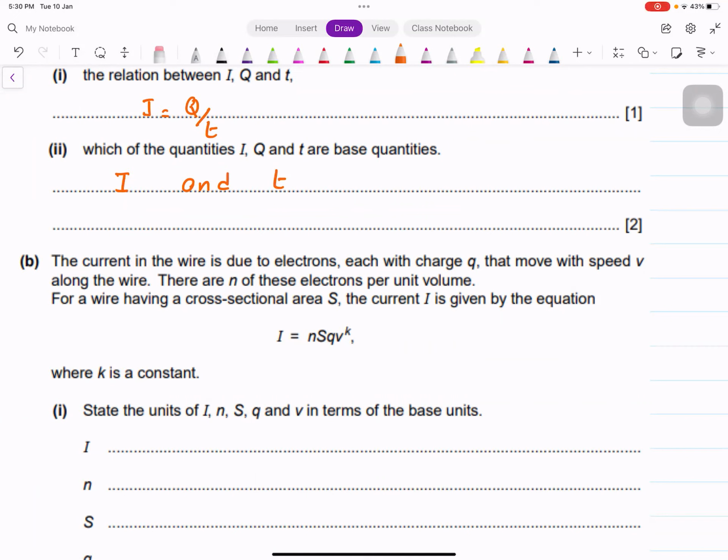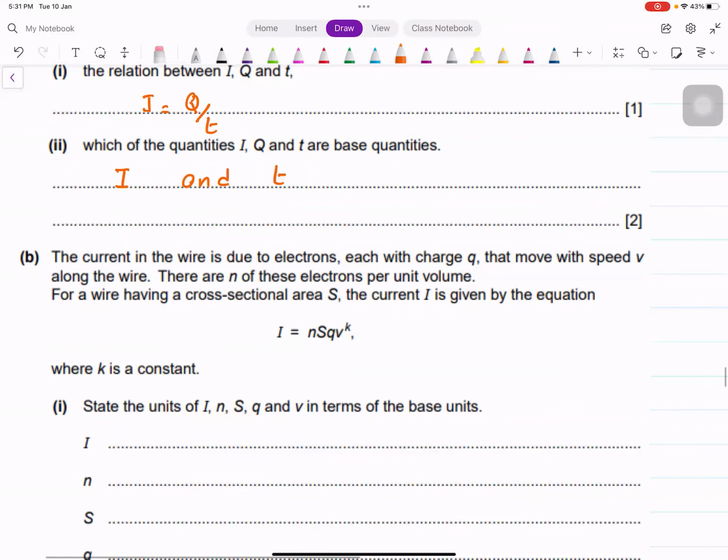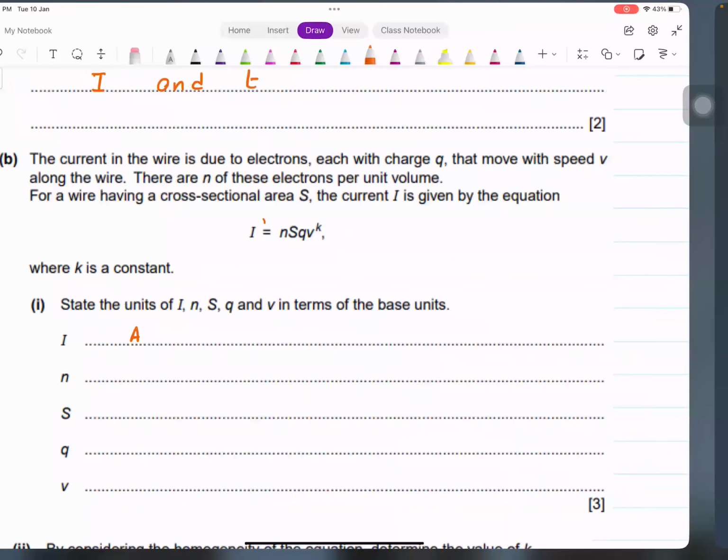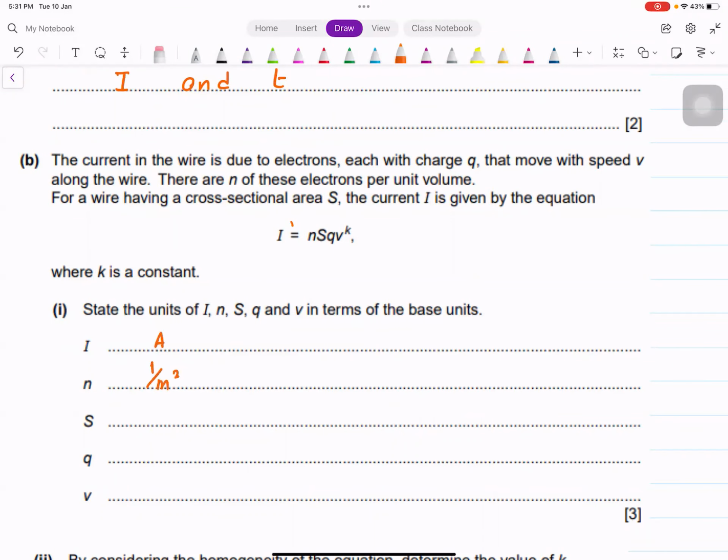So this is charge, speed, and there are n number of electrons per unit volume, for a cross section area S and current I. So it says what are the base units. First of all, I is current, so it's going to be amperes. N is number of electrons. Number of electrons has no units, but it is per unit volume, so it means 1 divided by meter cube.